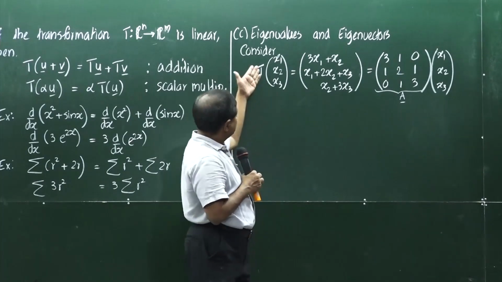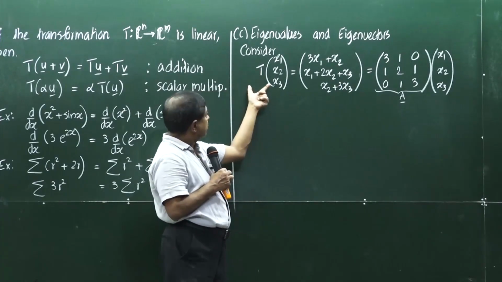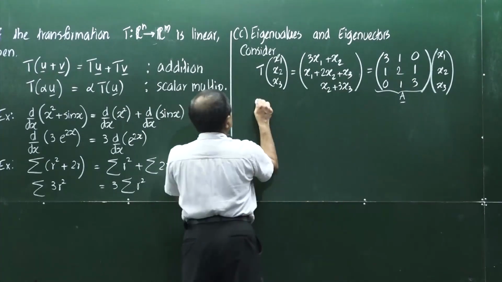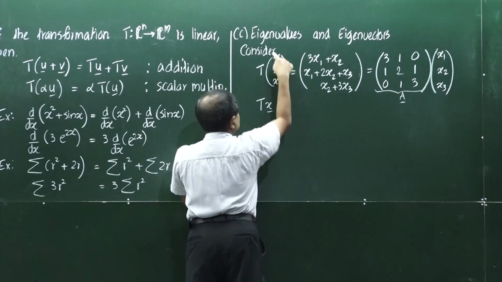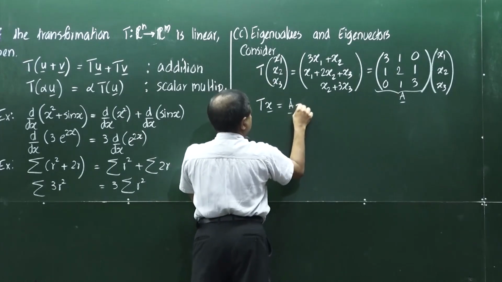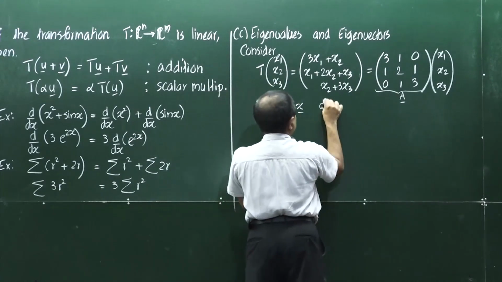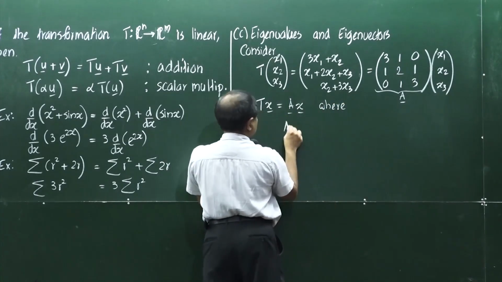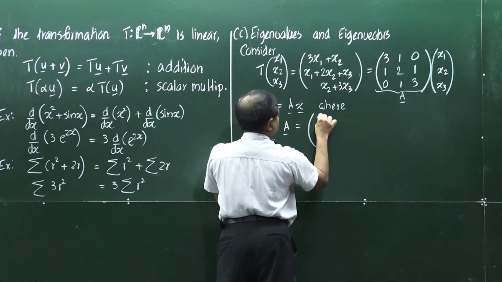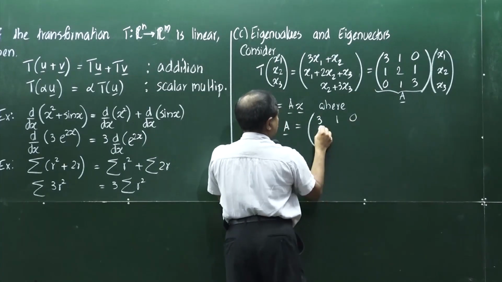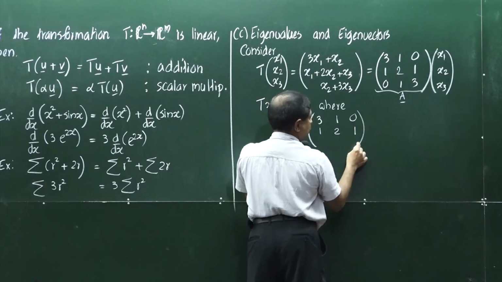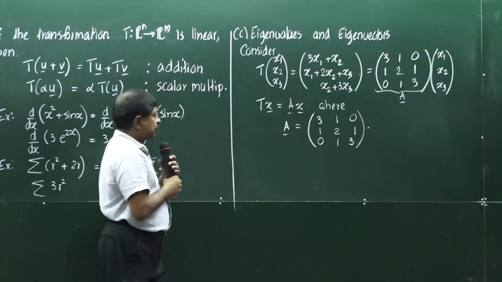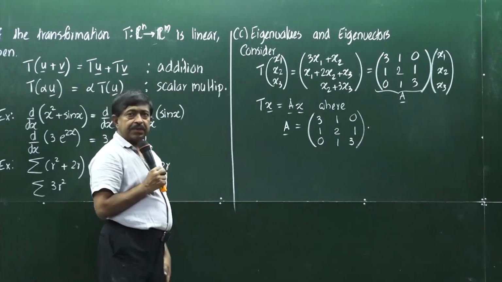We can drop this one here, because Tx is this one. So, I will write it like this. Tx, x is this vector. That's called the matrix of a linear transformation.